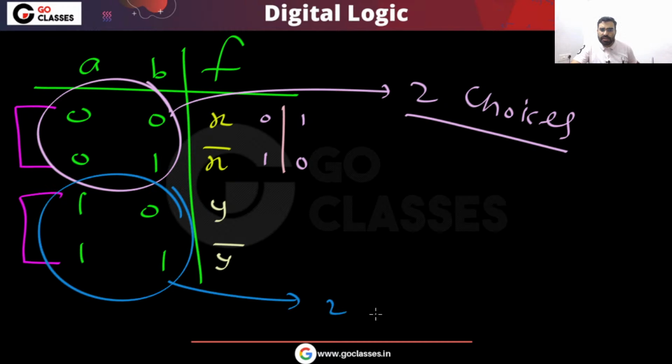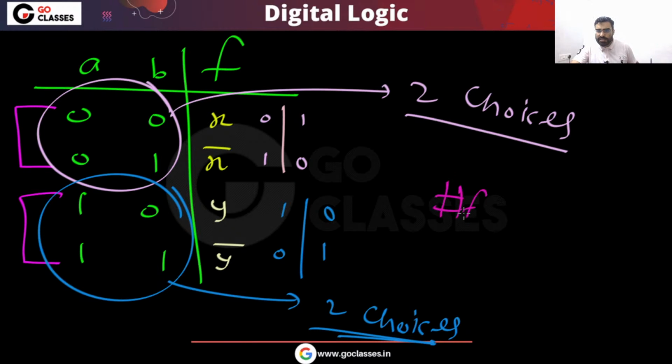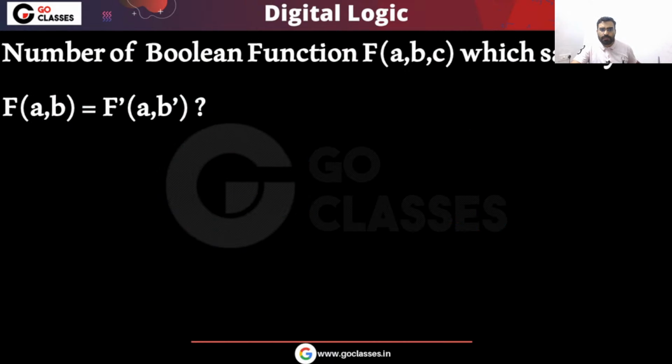So the number of such functions is 2 into 2, that is 4. Total 4 functions have this property. Is it clear? Let me know. Avni, did you get it?